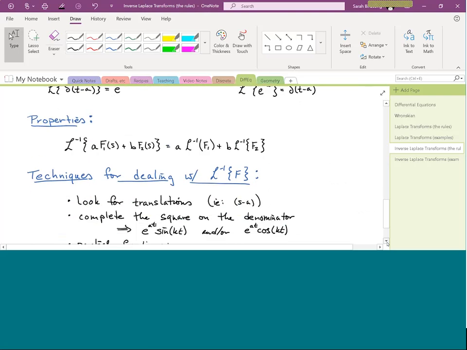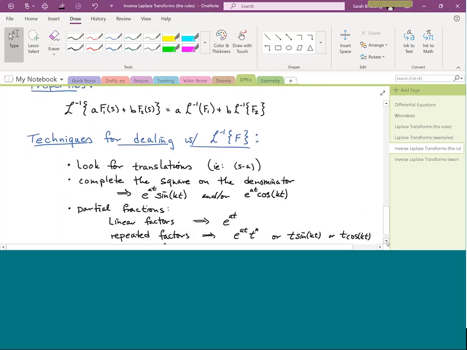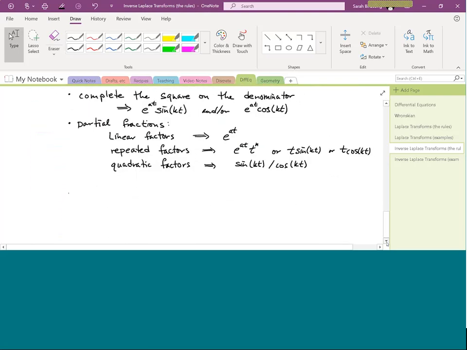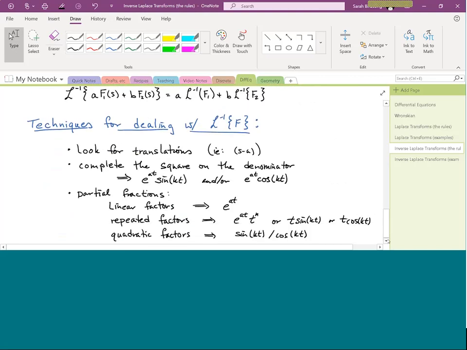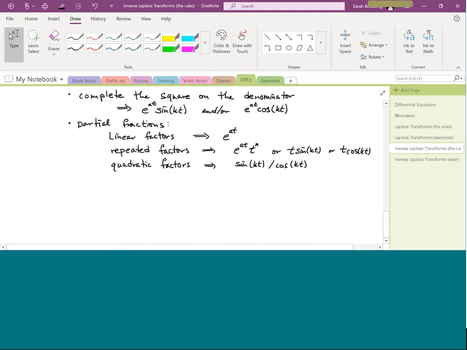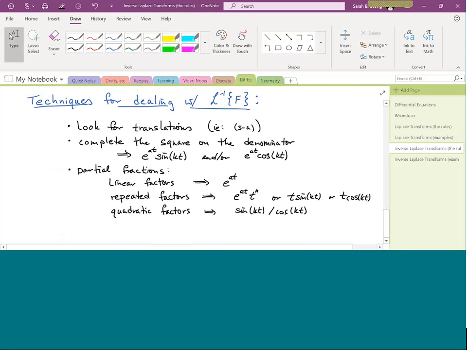And while we're talking about it, here are the big techniques that we use. When we're dealing with our inverse Laplace transforms, we are dealing with fractions. So one of the big things that we look for is, does it look like a formula I know, except there, instead of an s, there's an s minus a? Hey, that means there's going to be an extra factor of e raised to the at.